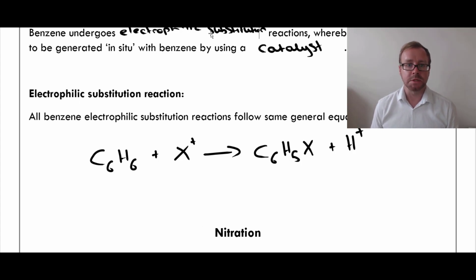Obviously it's substitution, because we have removed one H+ and replaced it with our electrophile. You have to know these reaction mechanisms, and also the reagents and conditions for the reactions we're going to go through.